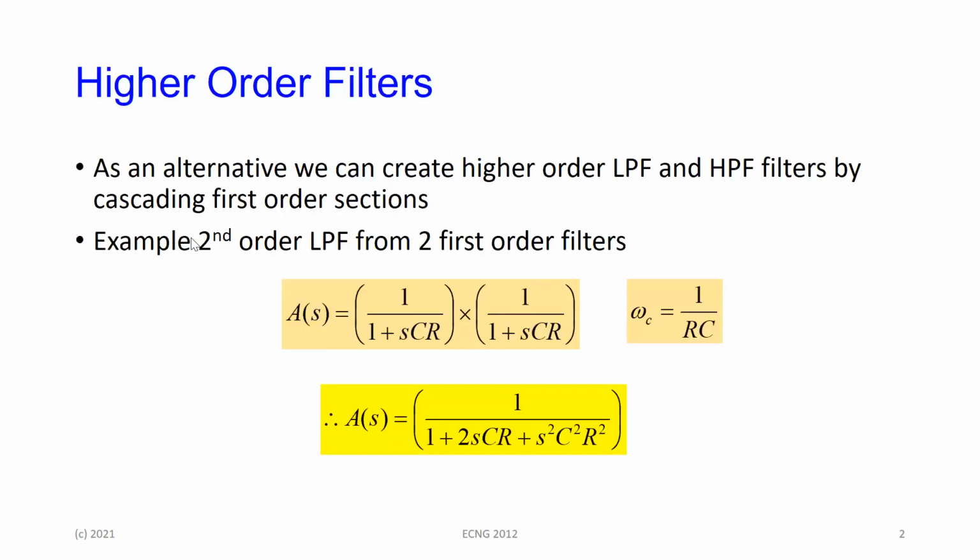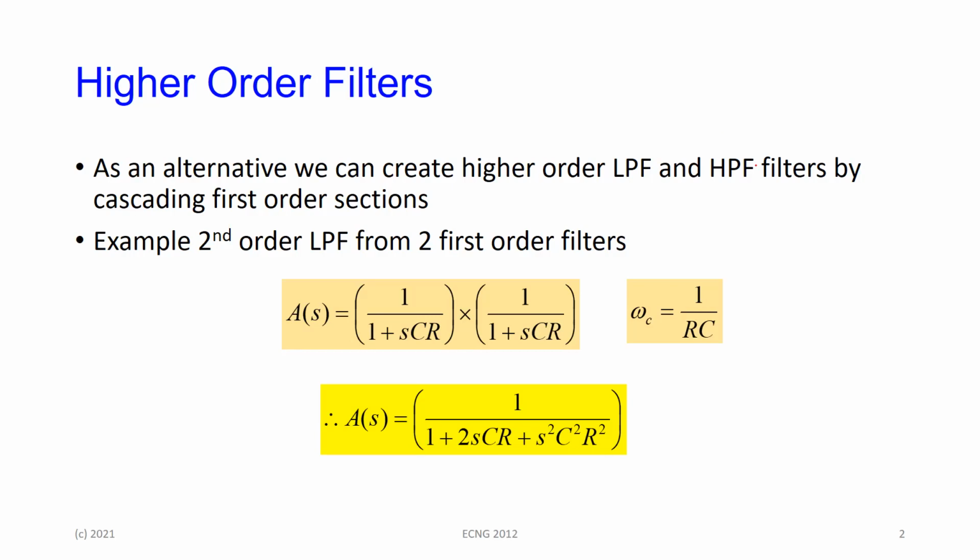As we did last time, what we did was to create a higher order filter by adding more passive components to the op-amp. In this case, what we're going to do today is that we can, as an alternative, create a higher order low pass or high pass filter by cascading first order sections.